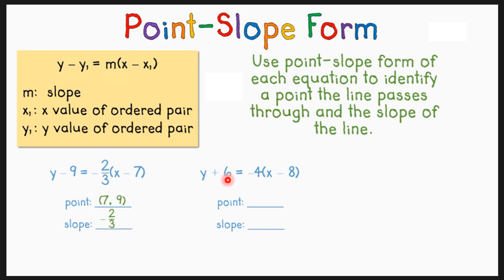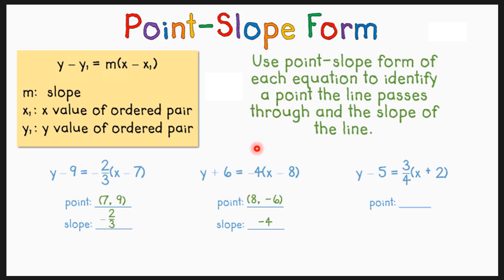So the y value of our ordered pair will be negative 6. Our x value in this case is 8. So our point is 8, negative 6. Our slope is in front of the parentheses, which in this case is negative 4.